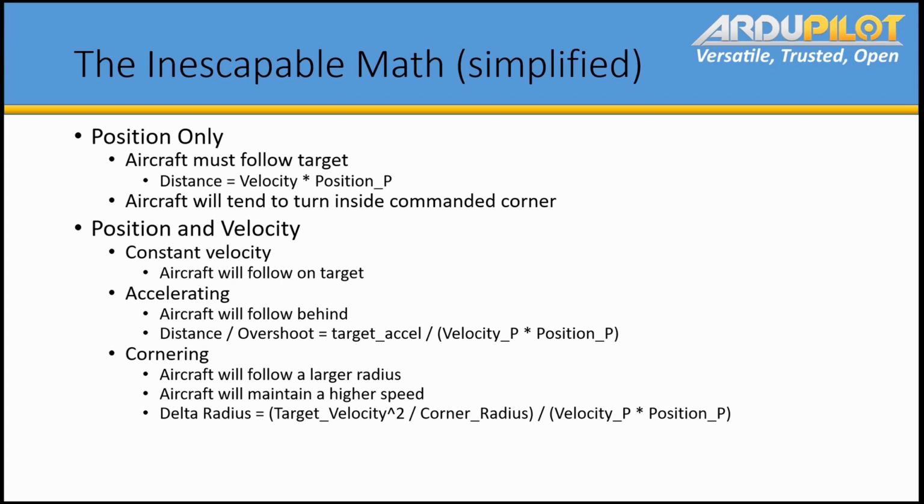For a position and velocity, for a constant velocity movement, you will get zero position error. So if you're just moving in a straight line, generally that'll work great for you. You'll be exactly where you want to be. But when you're accelerating, you'll have a distance or overshoot for a constant acceleration. So depending on acceleration or deceleration, it's approximately the acceleration that you're applying divided by the velocity XY P term, multiplied by the position XY P term, right?